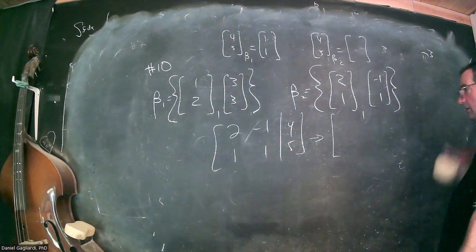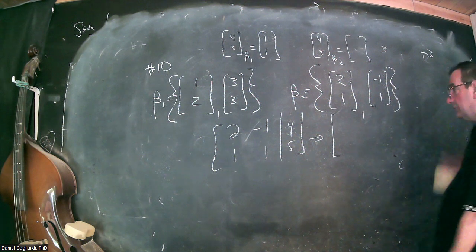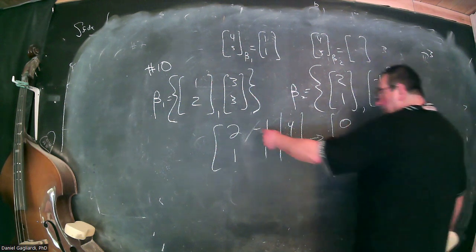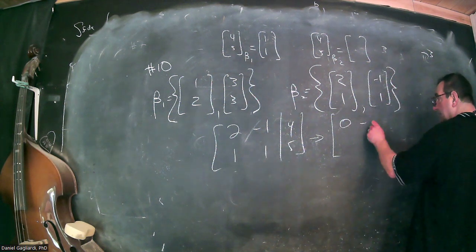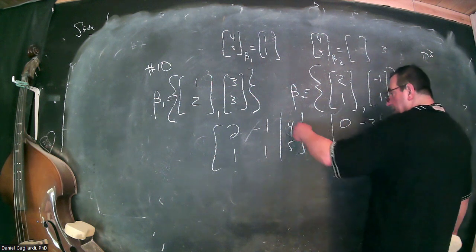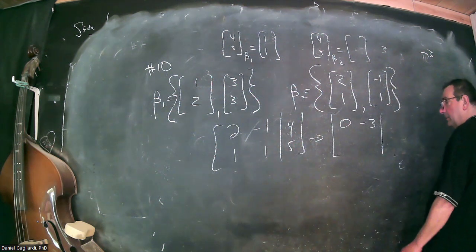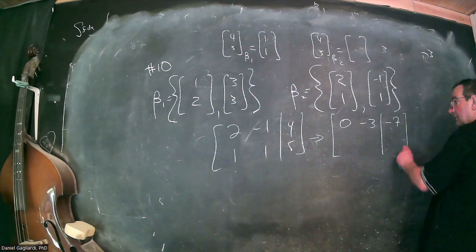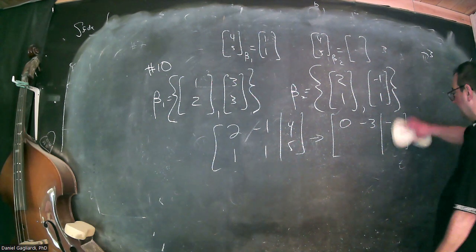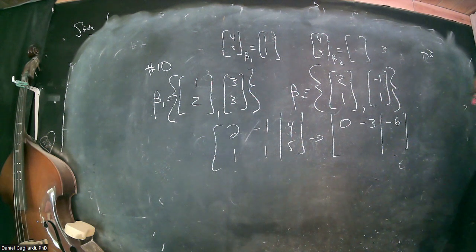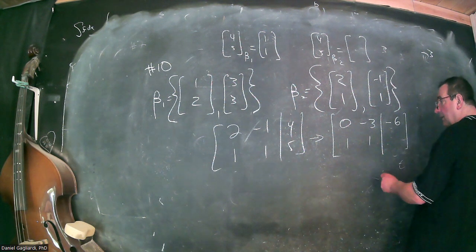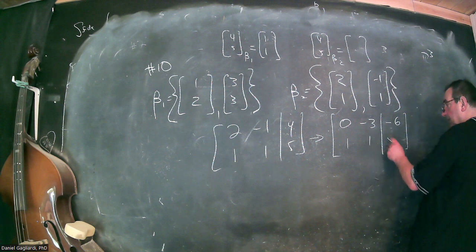So if I say, all right, how about row 1 minus 2 row 2s? So what do I have? 0. Negative 1 minus 2 of these guys is negative 3. And 4 minus 2 of these people is 4 minus 10 is negative 6. Oh, that's nice. Much nicer. Now, we have 1 here and a 1 there, and 5 here.